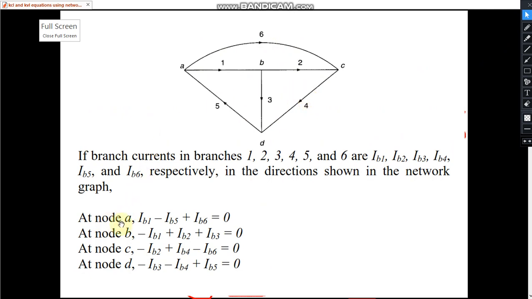So at node A, if I apply KCL at node A, then this current plus this current plus this current should be equal to 0, and this current is minus IB5. This current is plus IB1. So IB1 minus IB5 plus IB6 equals 0.